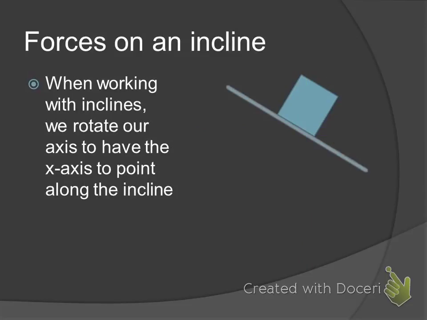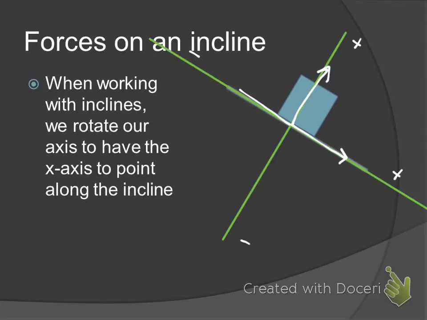So what we're going to do is tilt our axes in our coordinate system so that it sits along the incline. Now this becomes the positive axis, and this becomes the positive, negative, and negative. Does that kind of make sense? All we're doing is shifting the way we look at the coordinate system so that the normal force, an applied force of some kind, and a frictional force are all now purely horizontal or purely vertical.